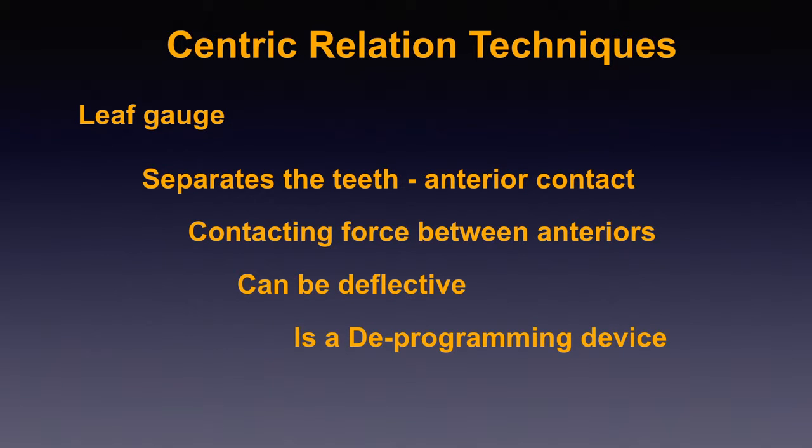It separates the posterior teeth with anterior tooth contact. There has been some suspicion that it can be deflective if the anterior teeth are poorly aligned, but Dr. McHorris did not have a problem with that at all. It is a deprogramming device.